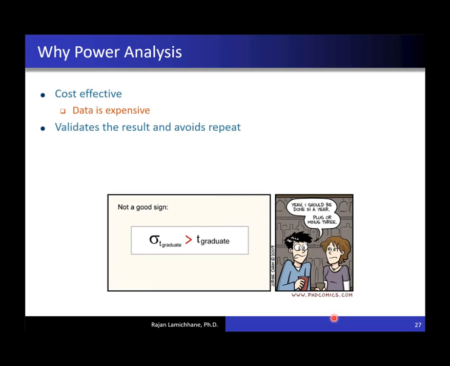Also, if you have a small sample size, if your analysis does not have enough power, then it's very hard to validate or reproduce the same result. And if you can't reproduce the result, then your result is not good. In order to validate and reproduce the same result, you should have enough power in your analysis.